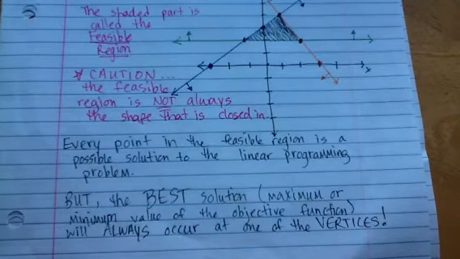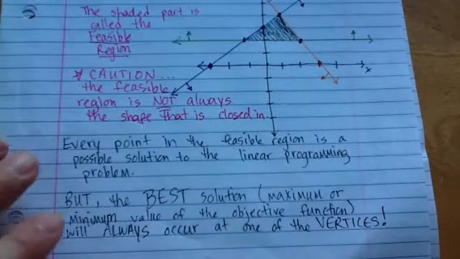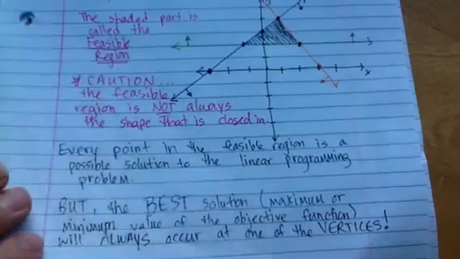So that's going to bring us to the second step in linear programming. So step 2 in linear programming is going to be to find the vertices of the feasible region.